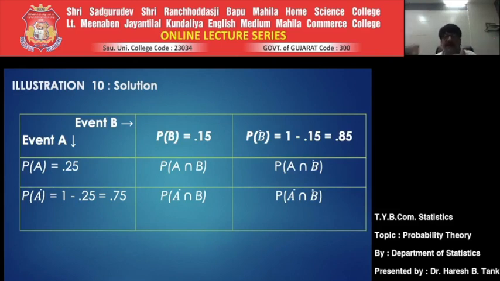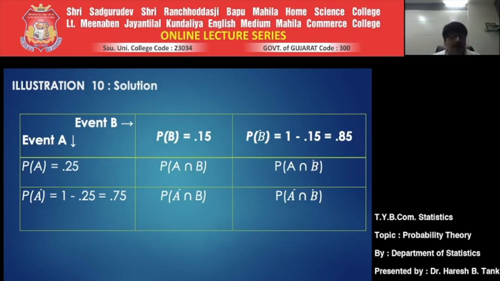So probability of A and probability of B complement means that particular value would be probability of A intersection of B complement. Similarly, it would be probability of A complement intersection of B. And the fourth one, which is in junction of probability of A complement, probability of B complement, comes to probability of A complement intersection of B complement.